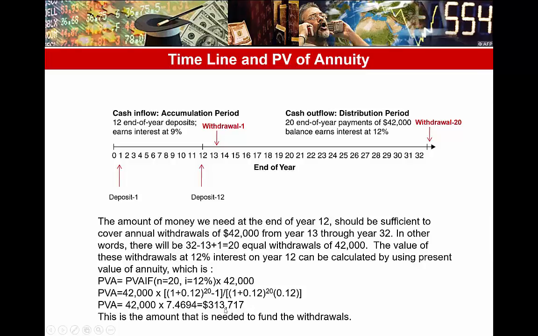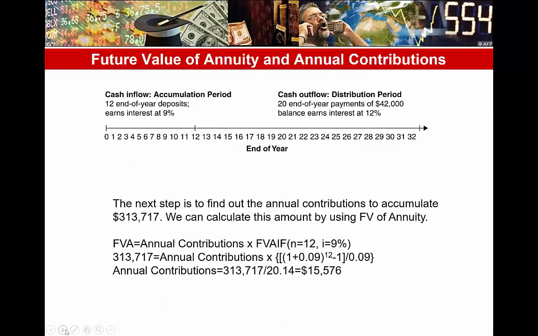$313,717. So we can solve for A, because we know that during this period the interest rate is 9% and there are 12 periods. So we could just plug in and set up the equation as a future value of annuity problem. $313,717 will be the future value, and then we have unknown annual contributions, but they are going to be growing by compounding.